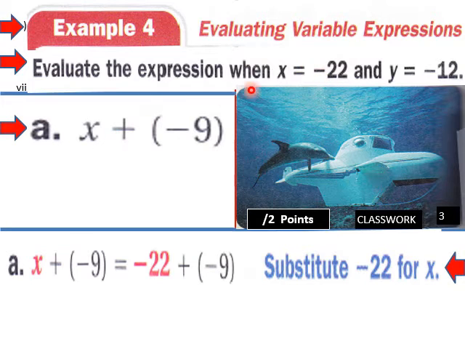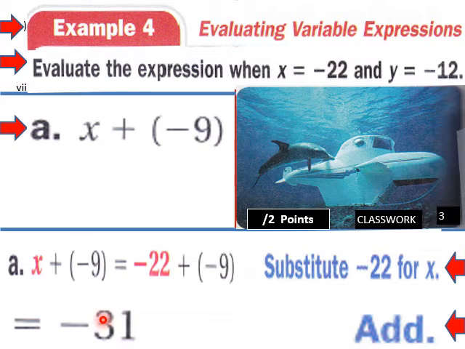When x equals -22, we plug that in here. So x plus -9, and we plug in -22 for x. We get -22 plus -9. So what's -22 and -9? For that, we get -31. They are both the same sign. We just combine their absolute values and we get -31 for that.